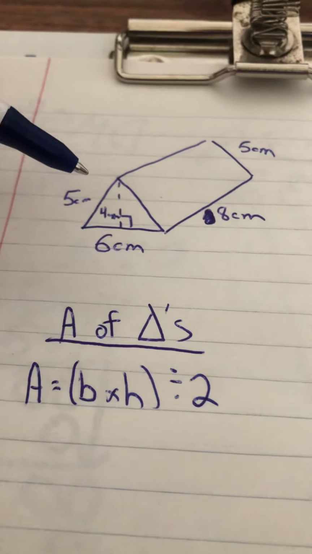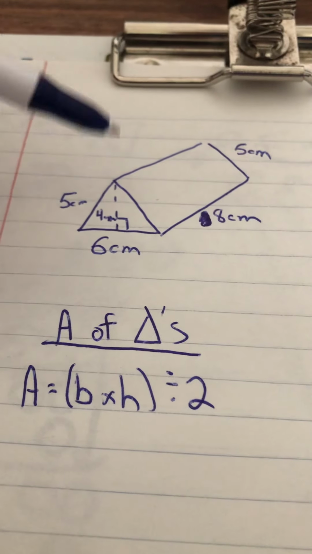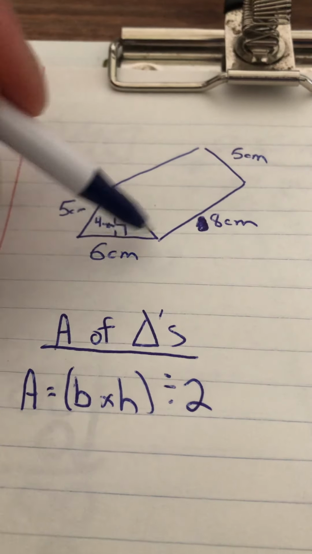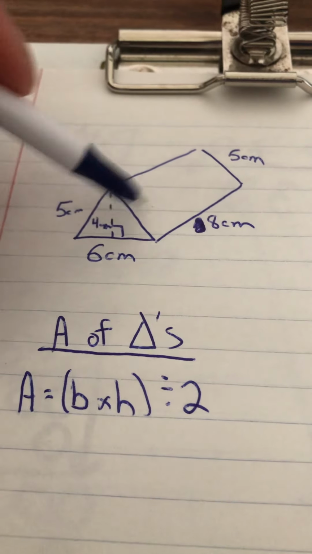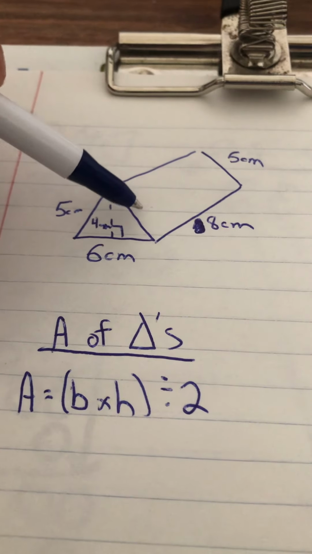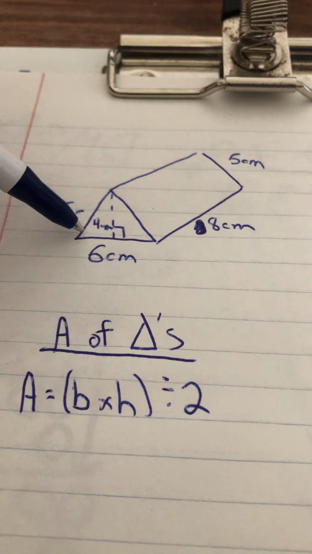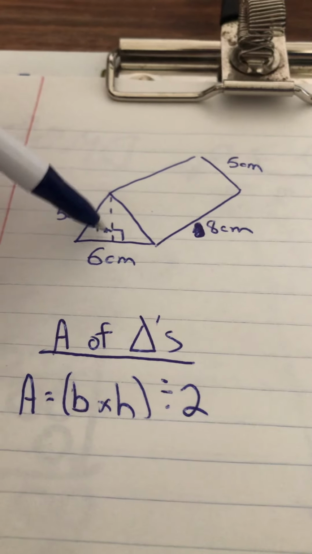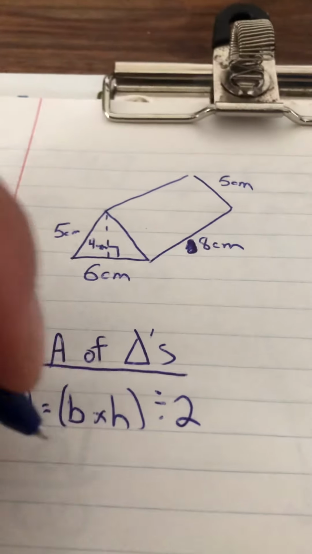Now, coming from the Math Up review that was posted, the reason why we divide by 2 is that if we had two congruent triangles to make a rectangle here, the area would be exactly half of the triangle. So that's why we divide by 2.